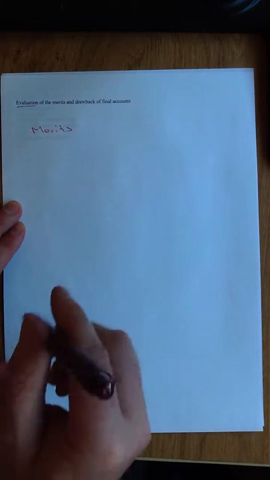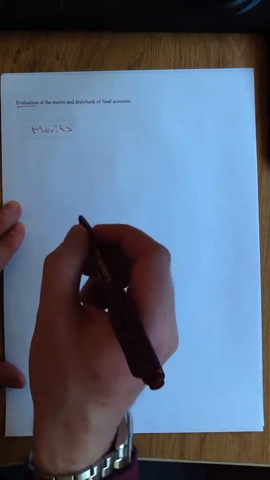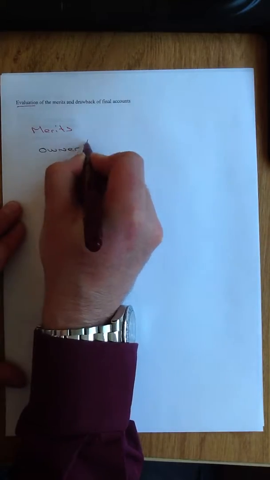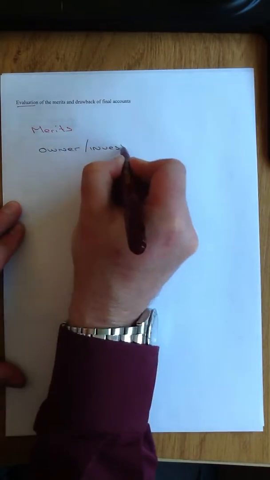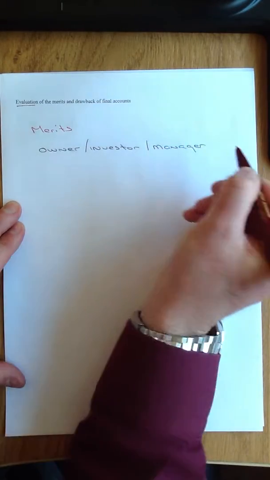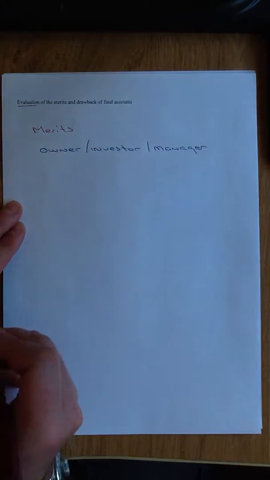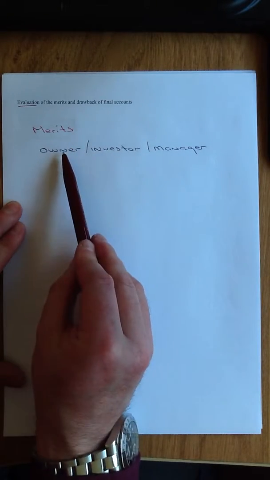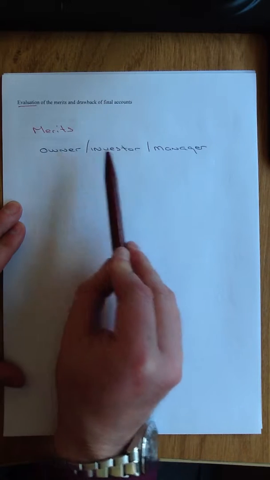The merits are it enables the owner, investor or manager, depending on how your question is asked. If they ask what the merits and drawbacks are to the owner, you use the word owner in your answer.